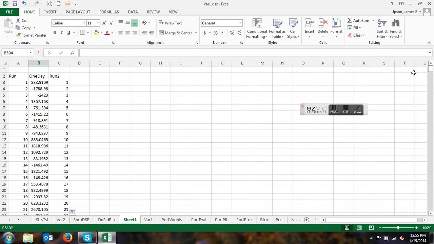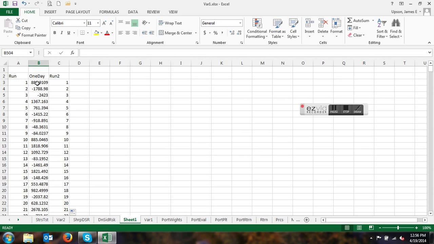As part of VaR, we're looking at the 1% probability of the most significant loss. And we have 500 simulations here, so the top 5 loss days represent the value at risk that we're interested in, the 1%.